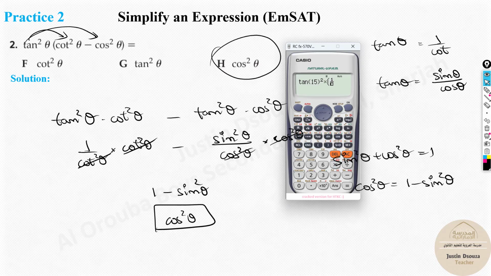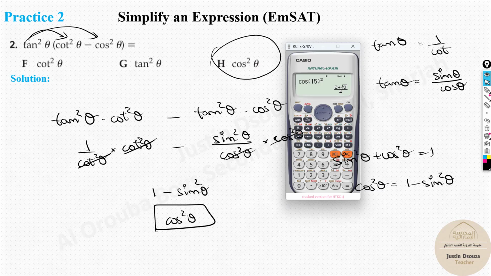It is 1 by tan 15 and square it up, minus cos is directly cos 15 the whole square, and close the bracket, and the answer is 2 plus root 3 by 4. I'll just keep it in my mind and I'll solve this as well over here. Now this is 2 plus root 3 by 4. What about cos 15 the whole square?